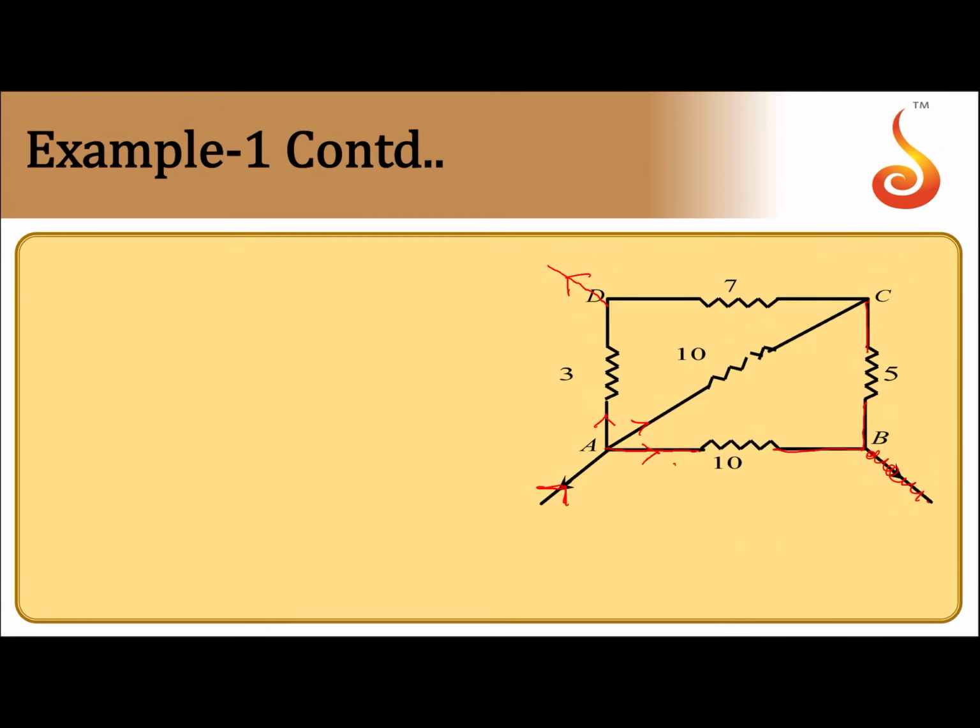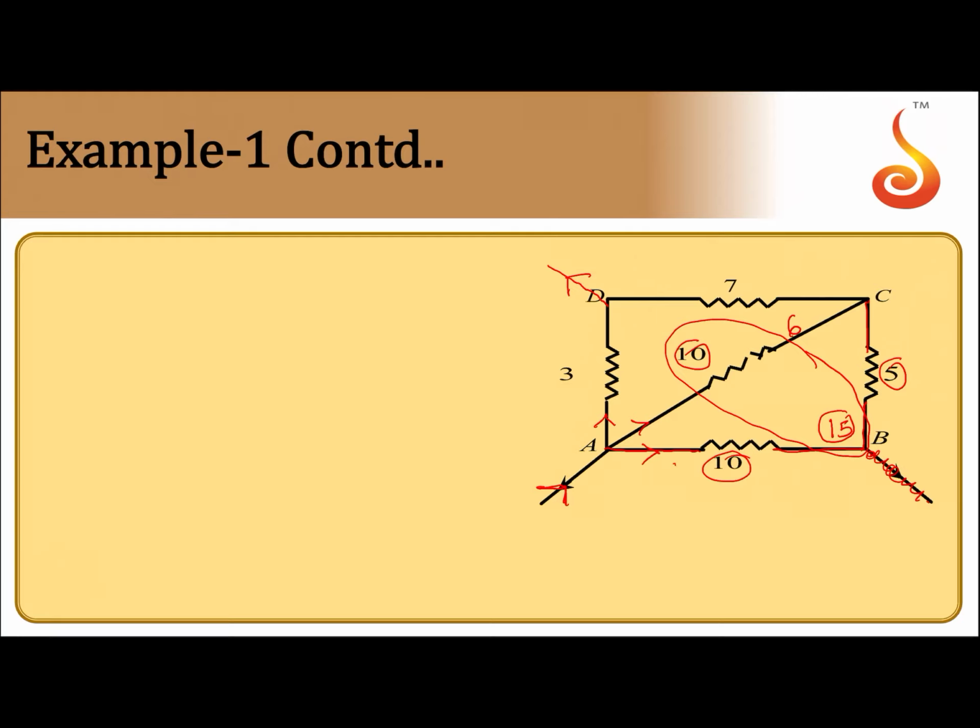So, 10 and 5 are in series, effective is 15. This 15 is in parallel with 10. So, it will be 15 into 10 divided by 15 plus 10. So, this entire thing put together is 6 ohm, right. 15 into 10 is 150 divided by 10 plus 15, that is 25. So, 150 by 25 is 6.